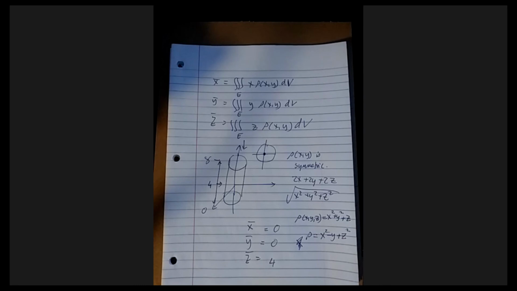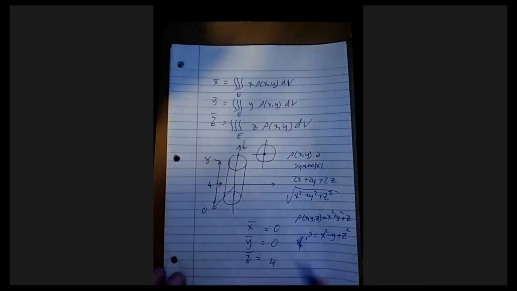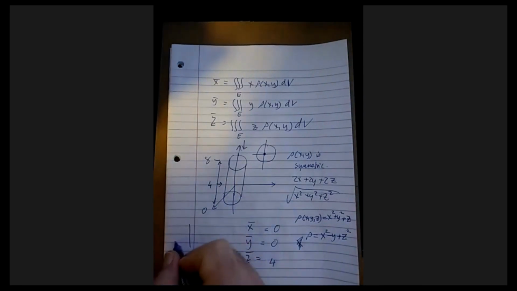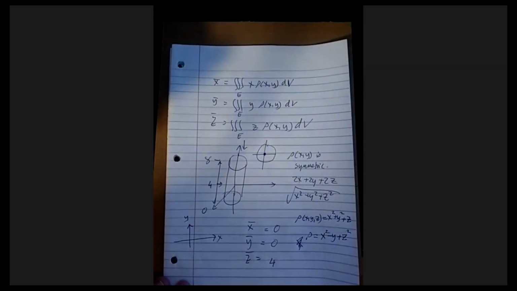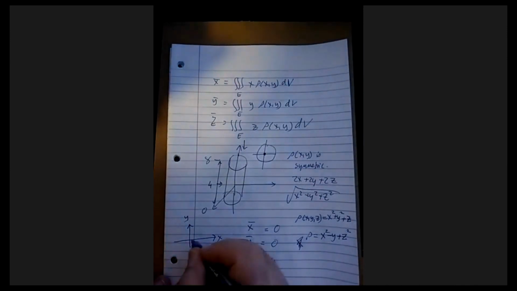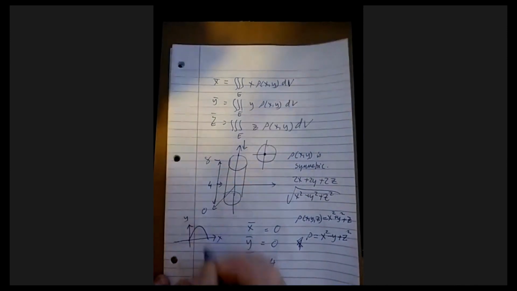So always look out for, is the density function symmetric? And then look at the shape and see if you can find an x bar or a y bar. It might not be possible to get all three. So can you imagine that the x and the y were symmetric as far as the density function went, but the shape looked like this?